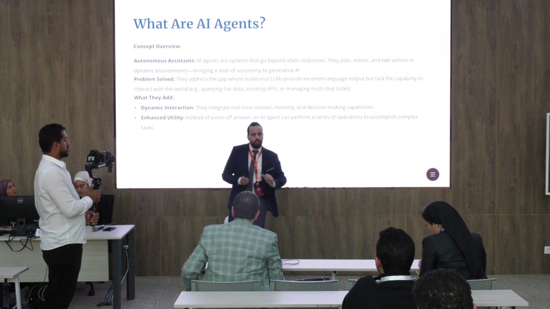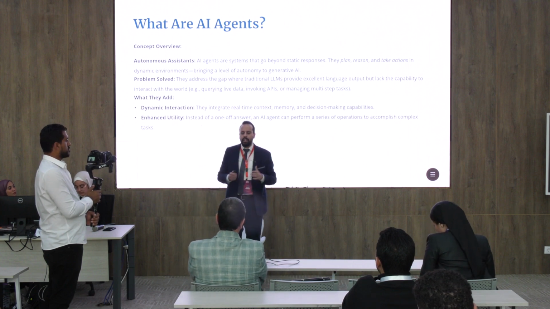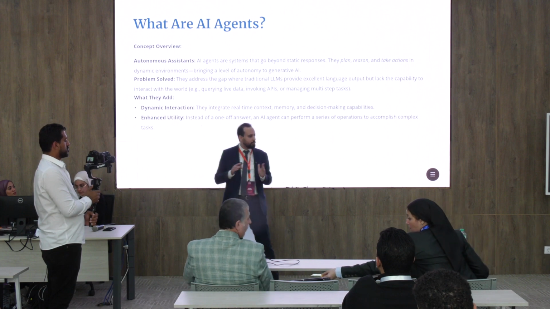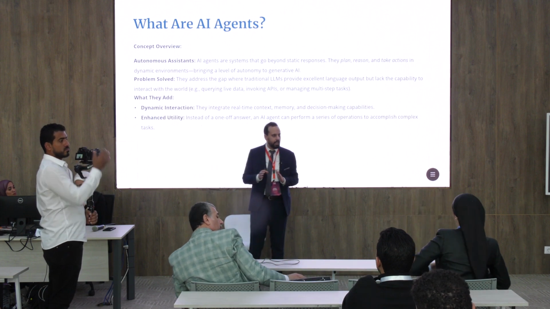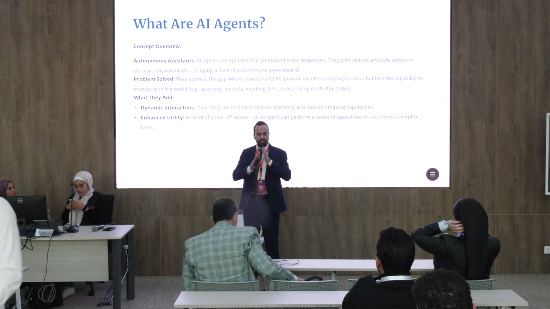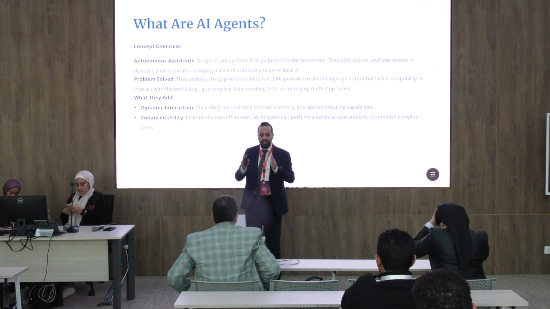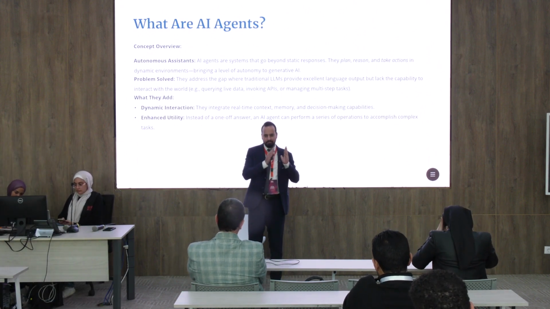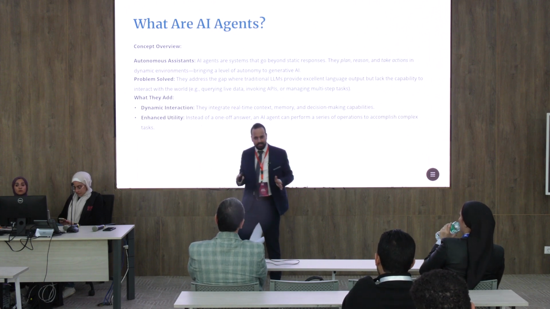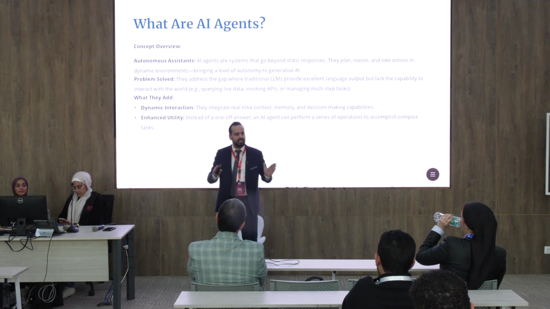First, what do AI agents have in addition to the normal capabilities of LLMs? LLMs, at their base, are text completion models. It is very good at doing that, but it is text completion.